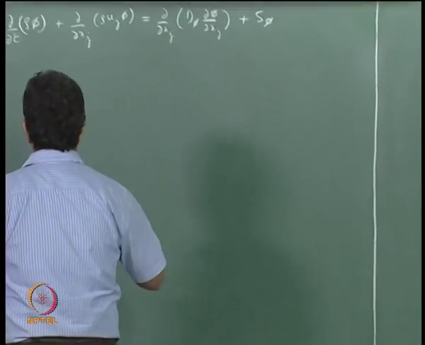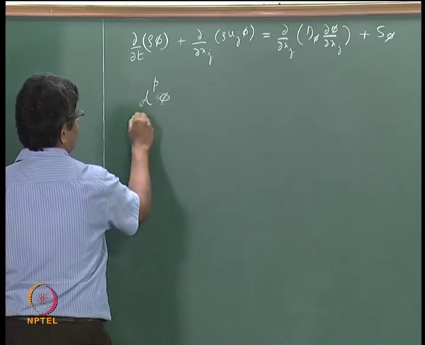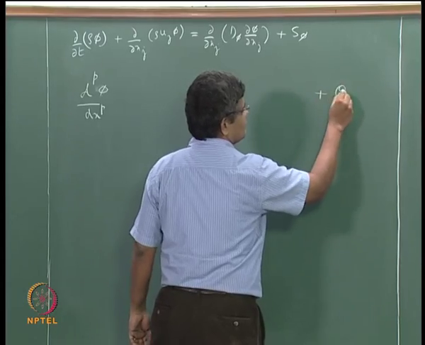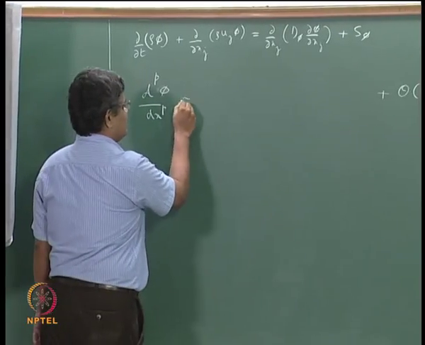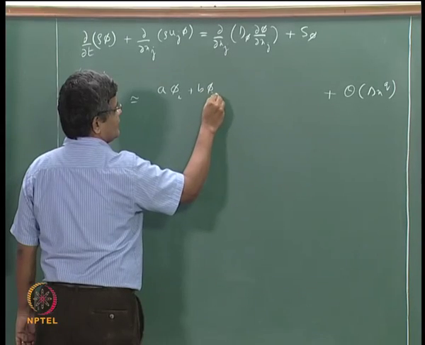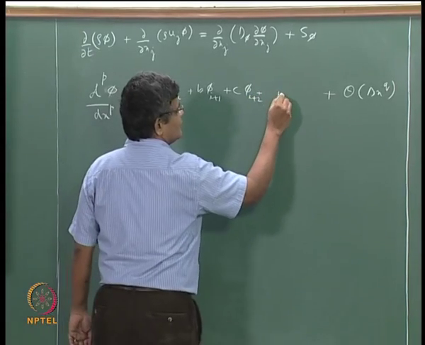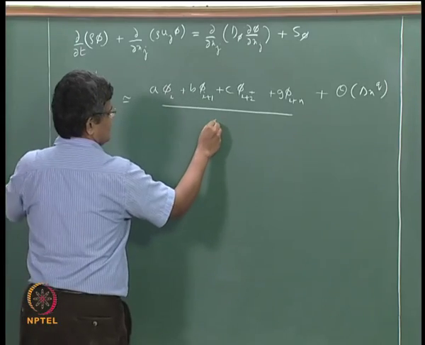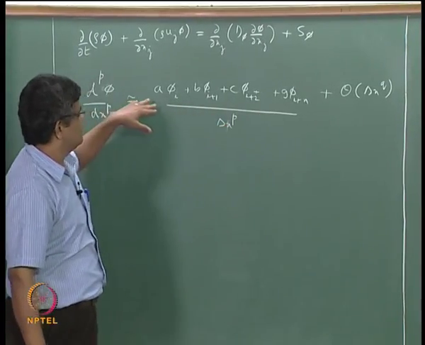Okay, so we are looking at a solution like this: the pth derivative, d^p phi by dx^p, of qth order accuracy can be approximated as a phi I plus b phi I plus 1 plus c phi I plus 2 plus, say, g phi I plus n minus 1, divided by delta x to the power p, where n is the number of points which are required for this.